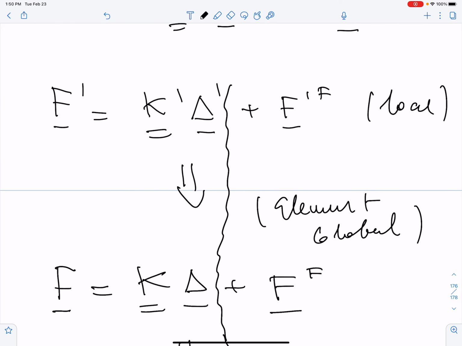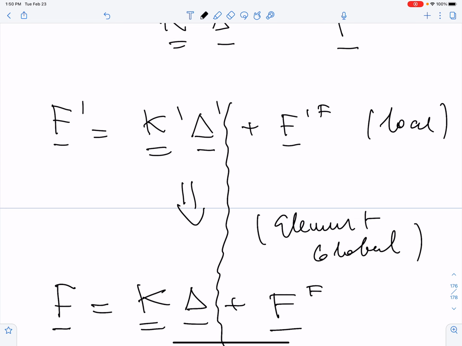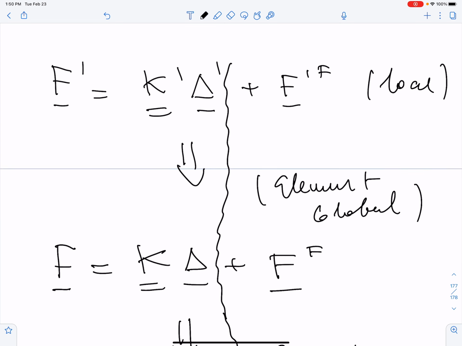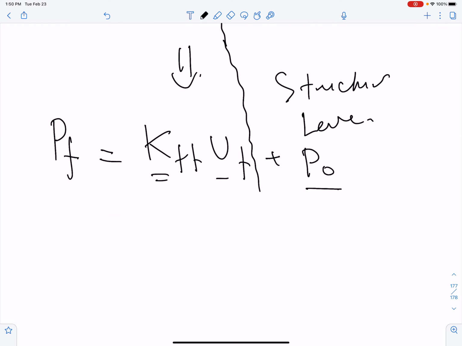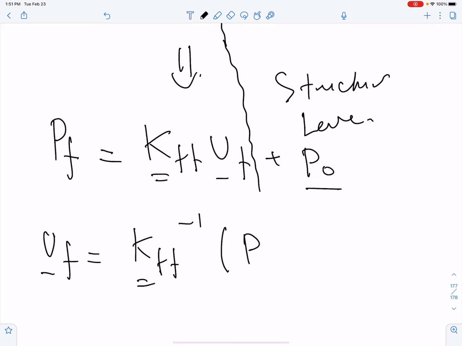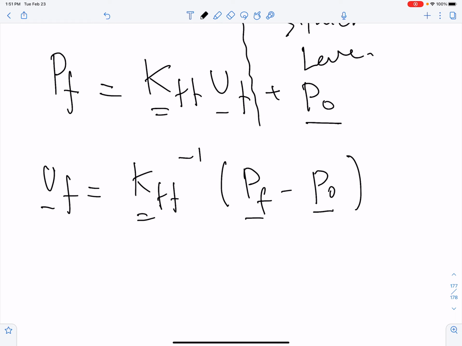And you just need to track down the evolution of F prime that starts in the local system, gets converted to the element global system, and then gets converted to the structure level. You see? And so then the way you come up with your displacement solution is you take KFF, you invert this, and you multiply now by the difference between PF and minus P0, like this. Okay. And so this is how your distributed loading makes it all the way to the structure level and how it affects the final structural solution.